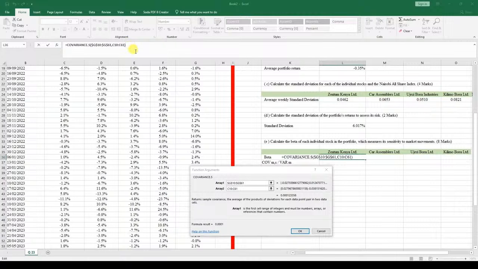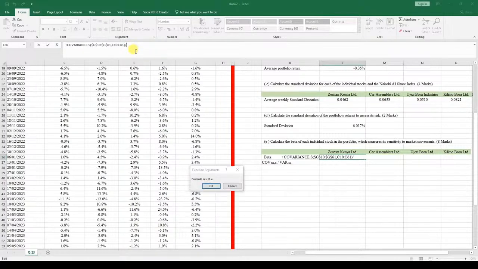And then we divide by the variance of the market.